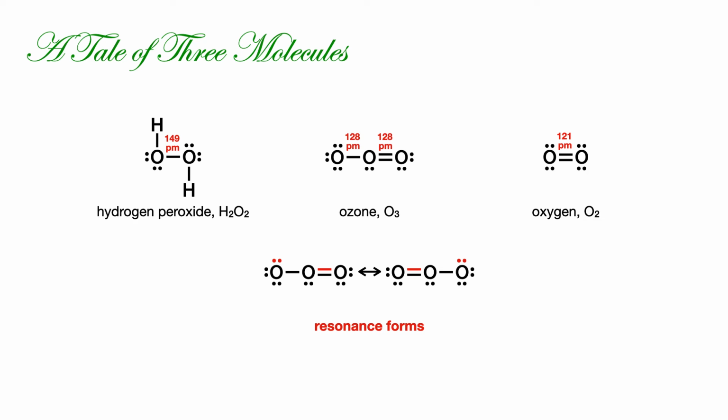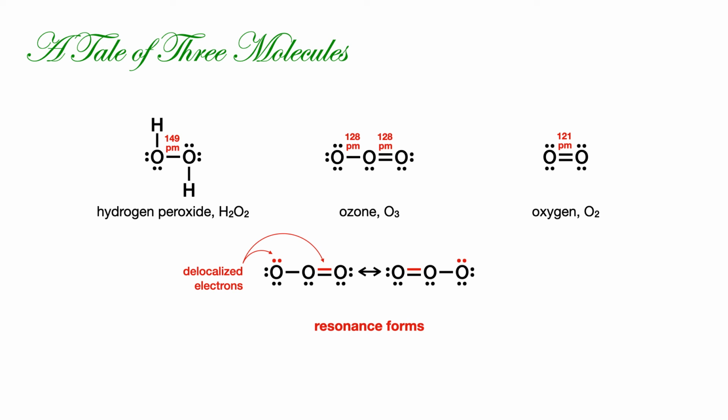And we indicate that by putting them in different positions in the 2 resonance forms. And these electrons that are being shared by more than 2 atoms are said to be delocalized. So we've got 4 electrons that are delocalized across all 3 oxygen atoms in ozone.